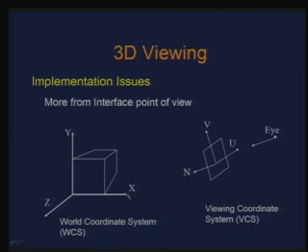Let us say that an object or a scene is specified in a coordinate system which I call the world coordinate system, where the world or the scene is specified. And then I have what I call the viewing coordinate system.